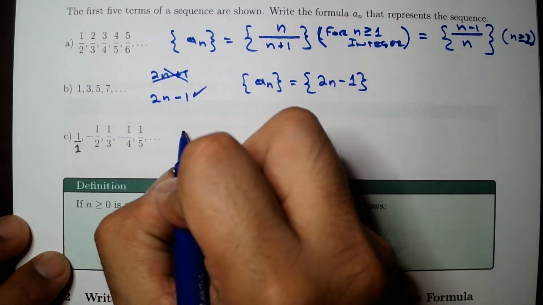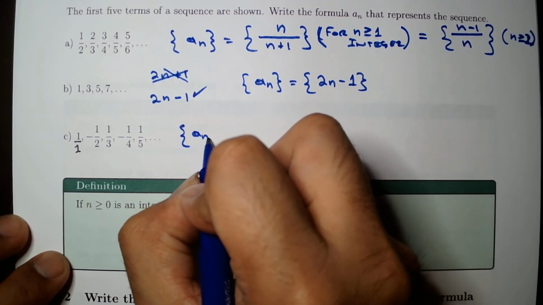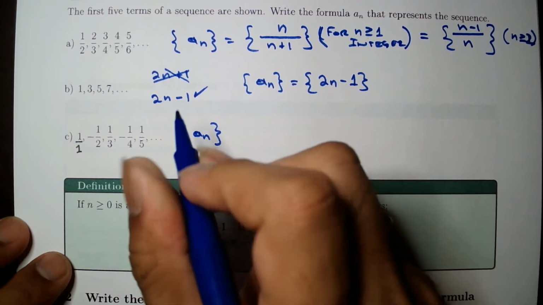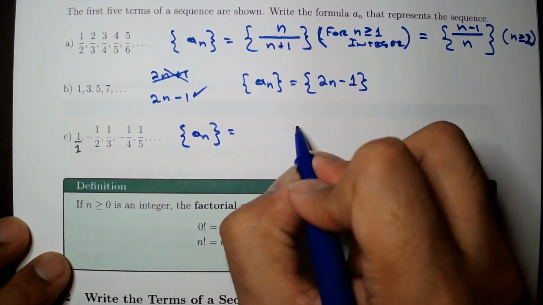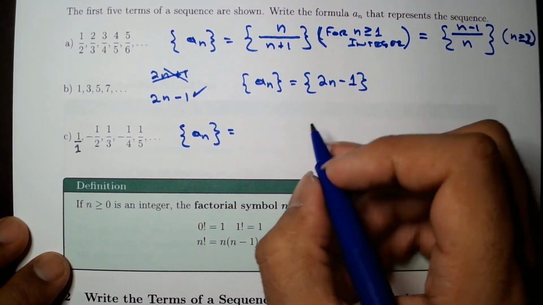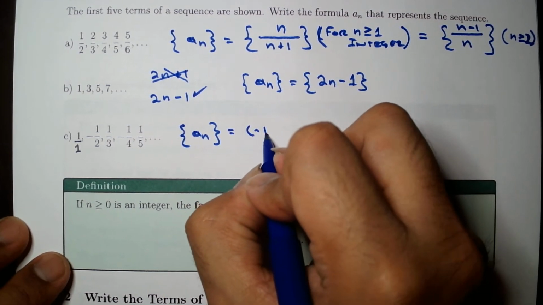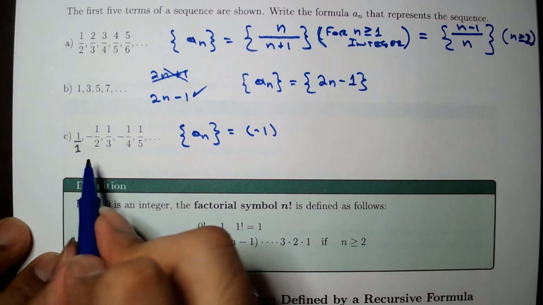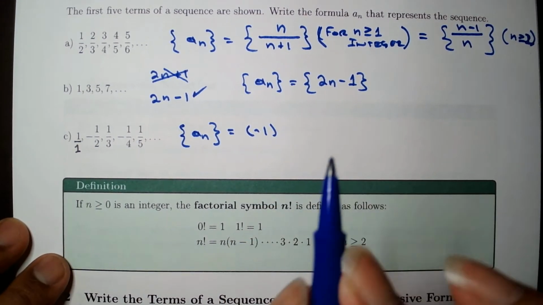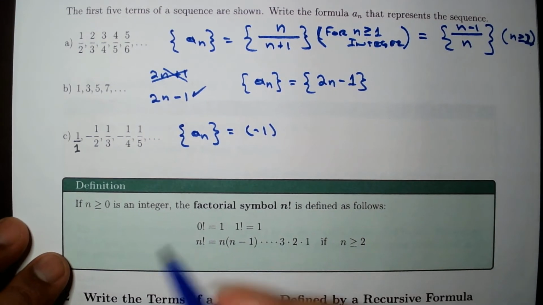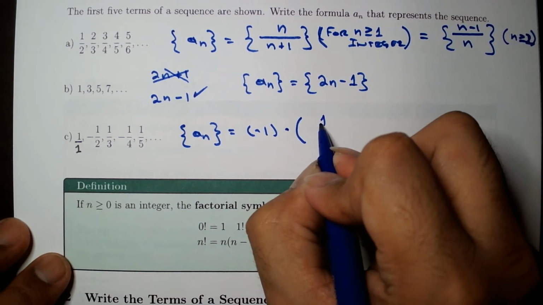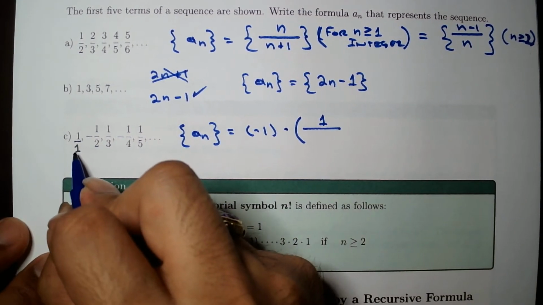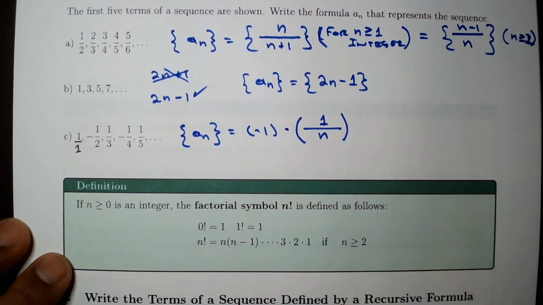So a sub n, well, if you look at the numerators, the numerator is always 1. I'm going to leave some space here. Well, I'm going to write this -1 to some power. So it's not just going to be n. I'll show you why. And then that's times 1 over n, simply 1 over n.